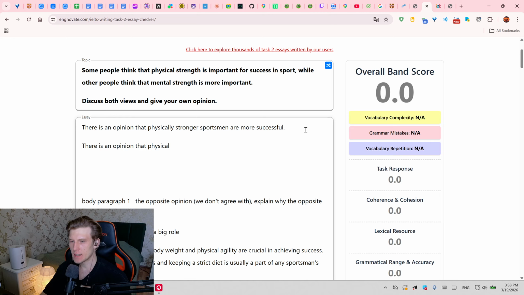In the first sentence, you might want to use more synonyms because this is the first impression. This is the sentence the examiner will read first. So you've got to make a good first impression. There is an opinion. Okay, that physical agility.